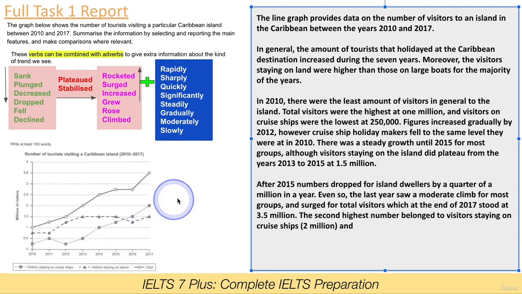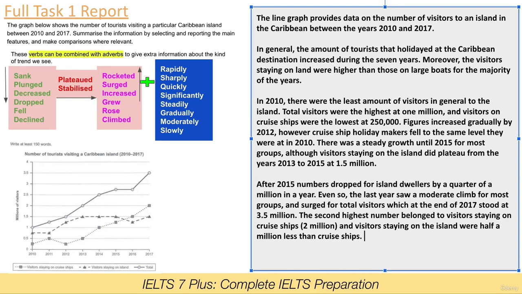Maybe we could talk about how it's 1 million less for visitors staying on the island. Visitors staying on the island were not 1 million, sorry, 500,000. Oh, it's always important to read the y-axis. Were 500,000 less than cruise ships.